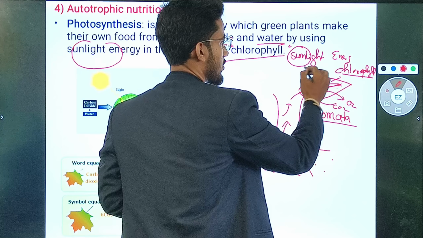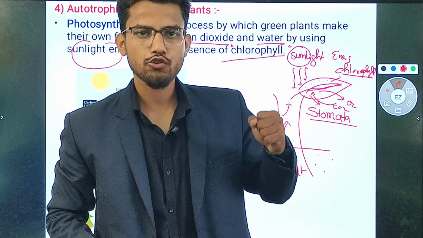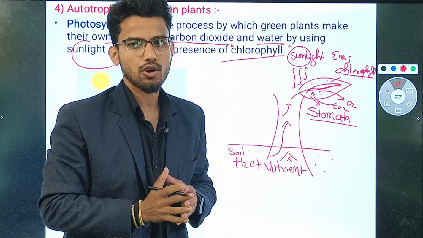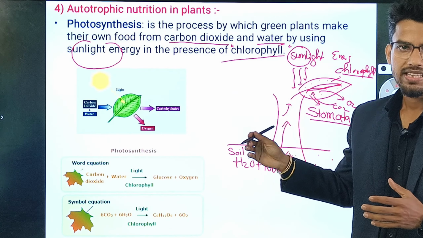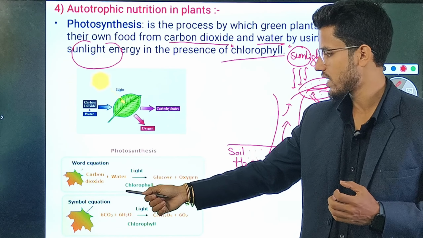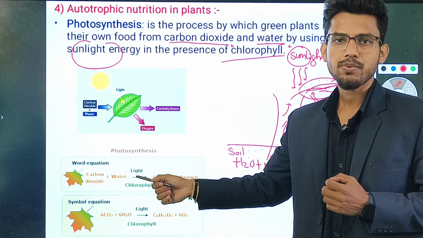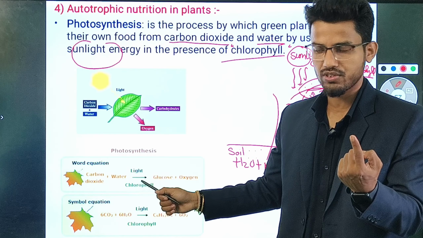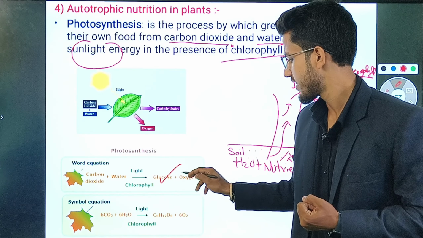So this sunlight energy is being trapped by the chlorophyll to perform the whole function of photosynthesis. In this, we can see through the word equation as well as the symbol equation that carbon dioxide plus water in the presence of light and chlorophyll will give me the first product of photosynthesis, that is glucose, with the byproduct of oxygen.